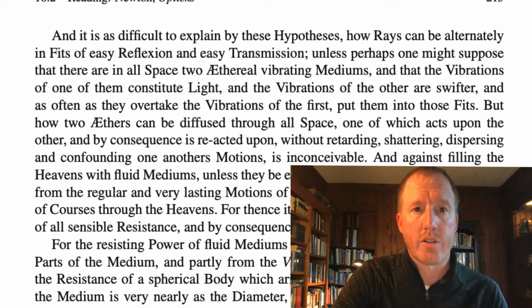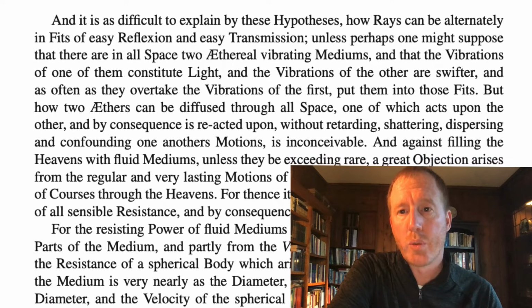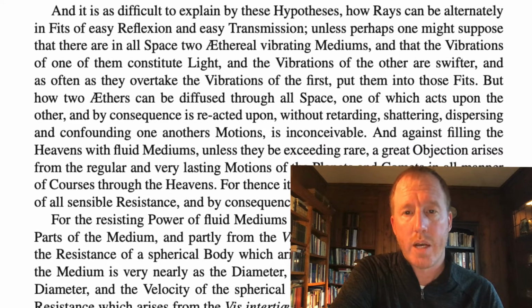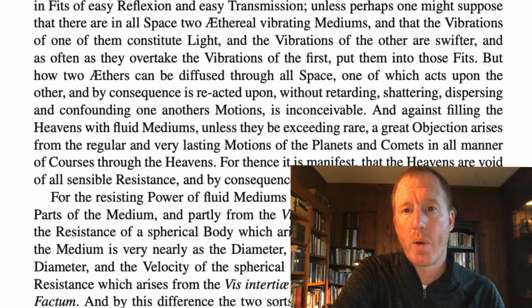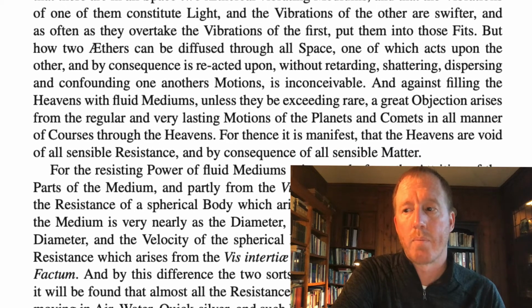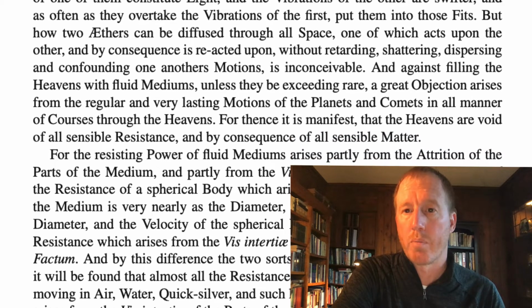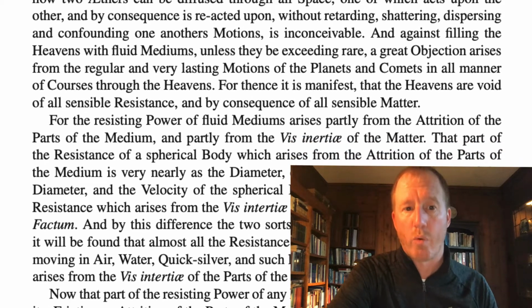There's a long digression on page 215 where he talks about the effect of fluid on bodies that are attempting to move through it. So in particular, he mentions that if you have some sphere like a ball that is falling through water or air or liquid mercury or some other kind of material, that medium will exert a drag force on it.